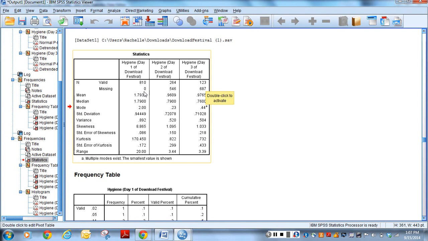We have no missing data as well. The mean of this data is 1.79, and notice the median is also 1.79.